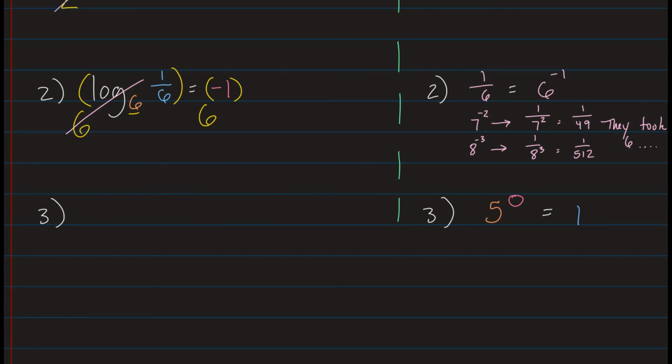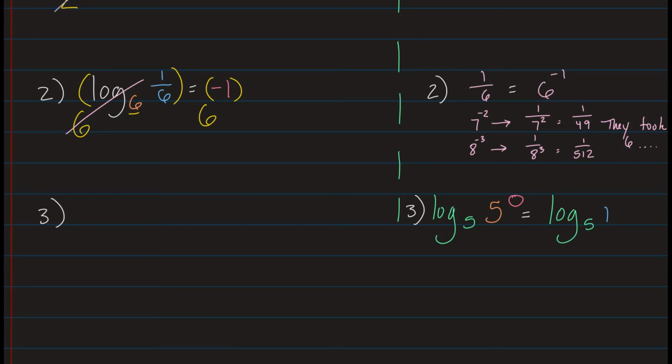So let me erase this to create a little more room. Now what you do is you take log base 5 of both sides. So we took log base 5 of both the left and the right hand side.